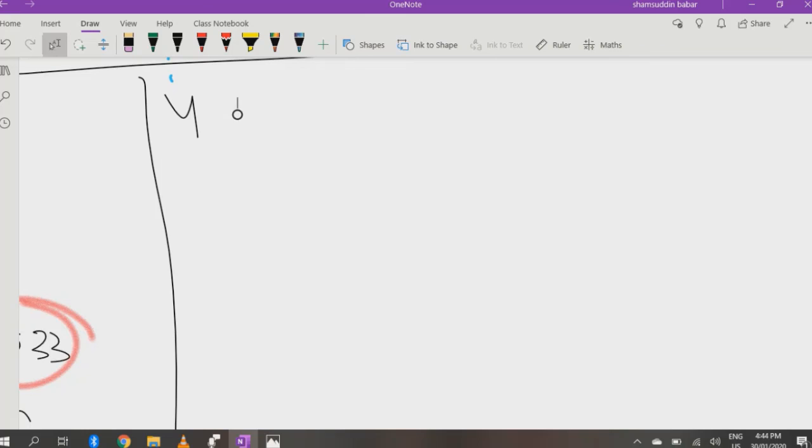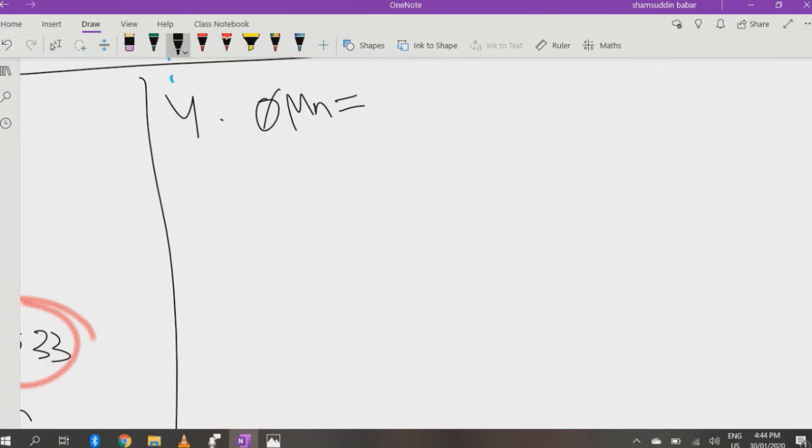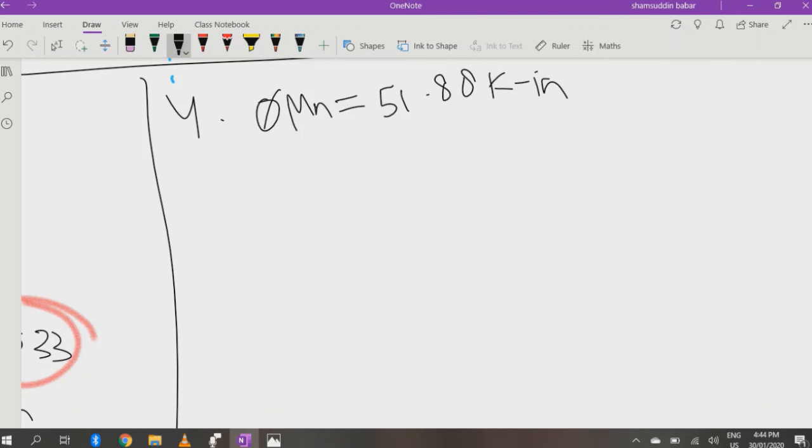So I got my phi Mn equal to 51.88 kips into inches.